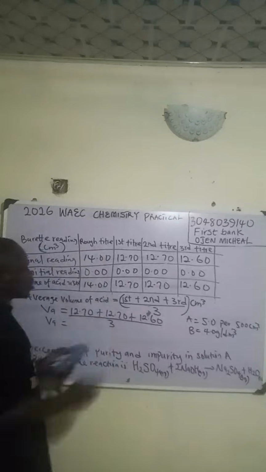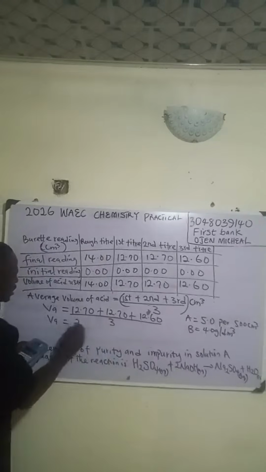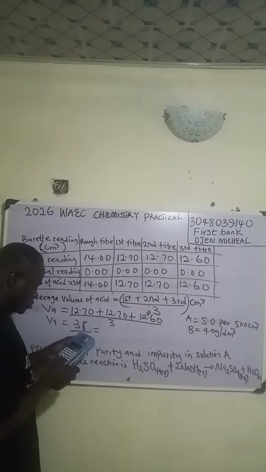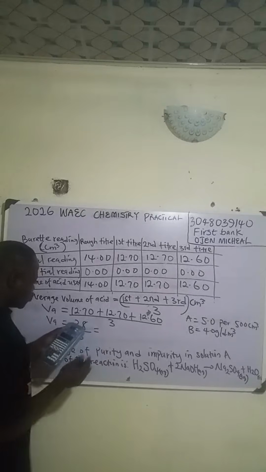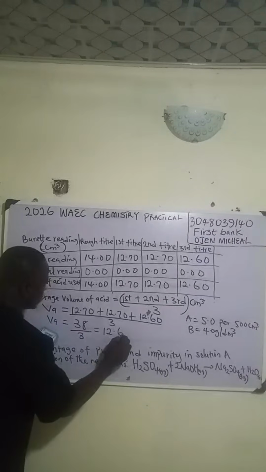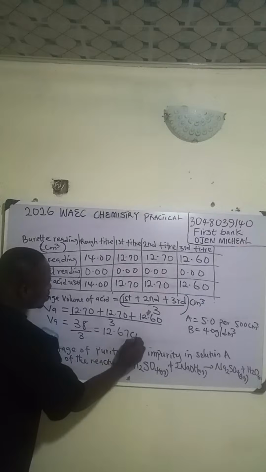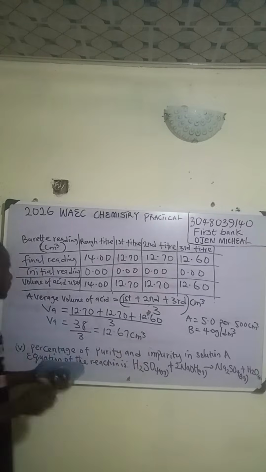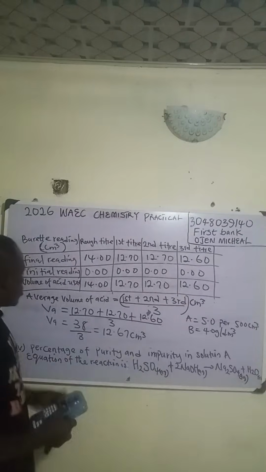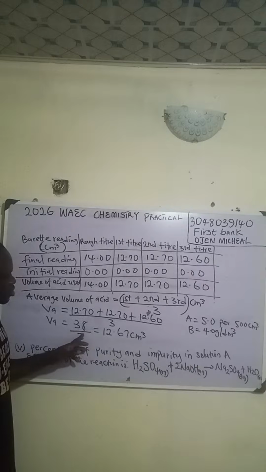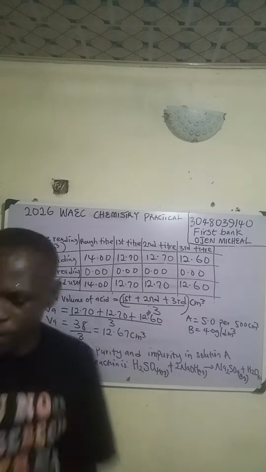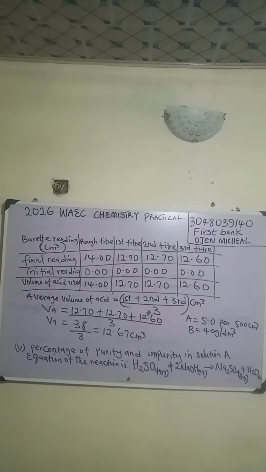So we have 38 divided by 3 equals 12.67 cm cubed. So our VA, we say VA is what? 12.67 cm cubed. That is the value of our VA.